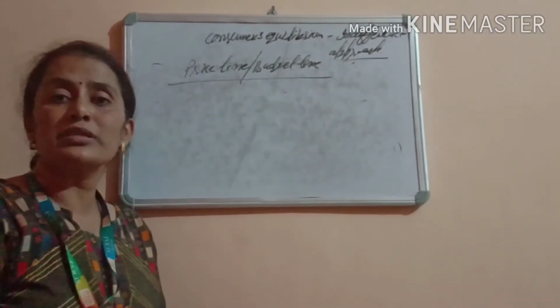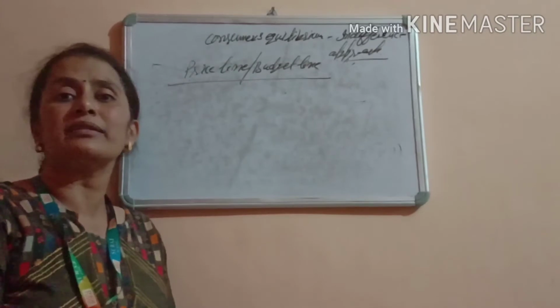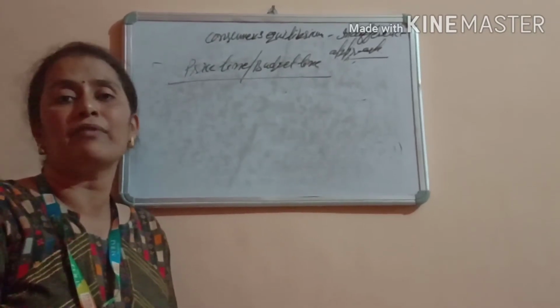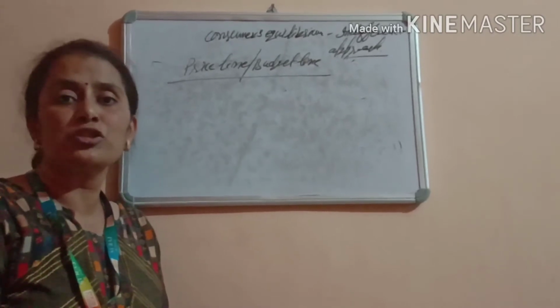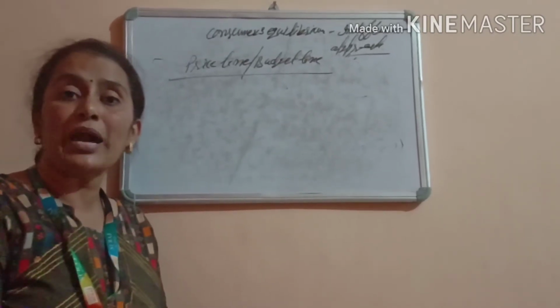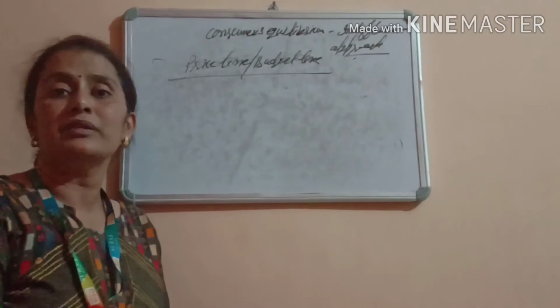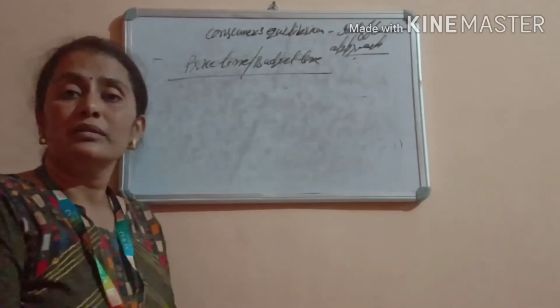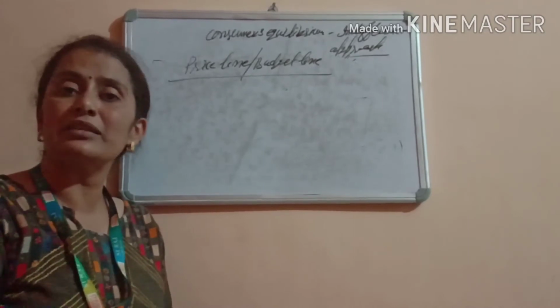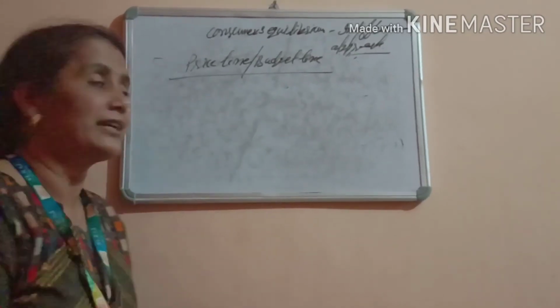Why? Because the budget of the household sector depends on the price level of the commodities. It means when income of the consumers increases, but price increases more than the income, then there is no impact on the budget of the consumers. So the budget line is also called the price line.